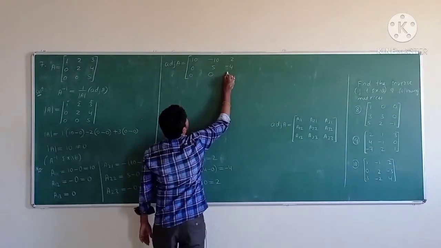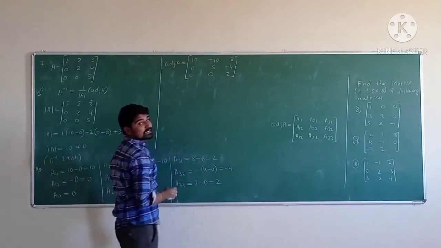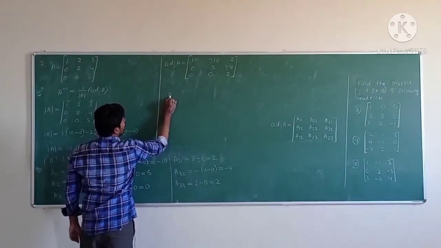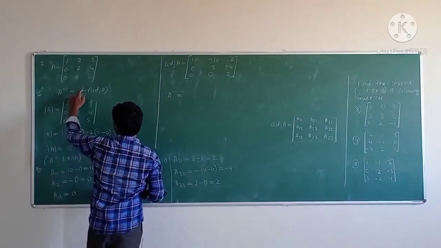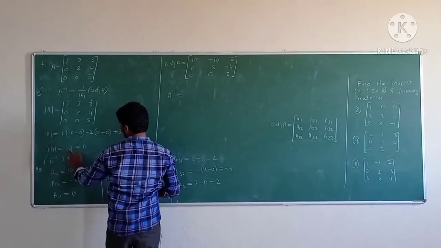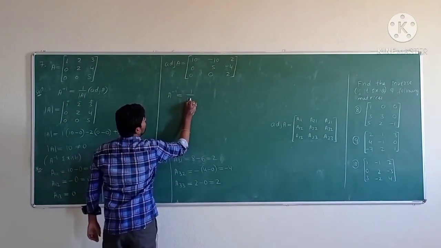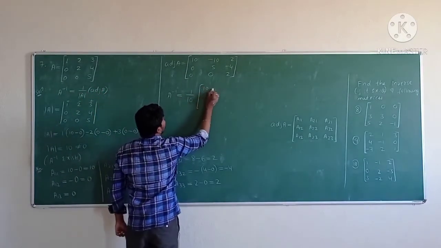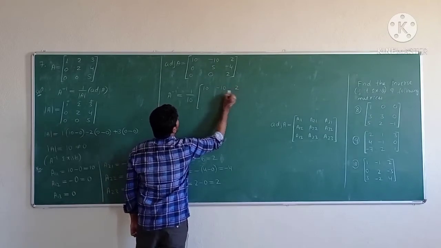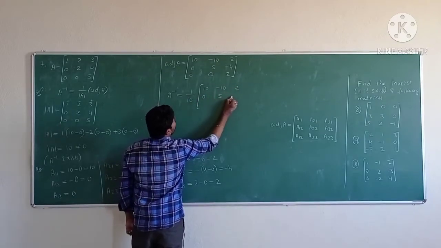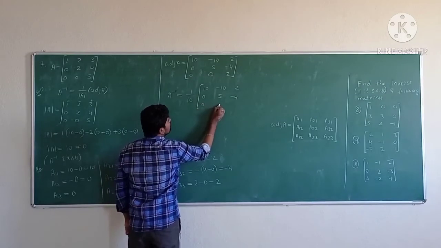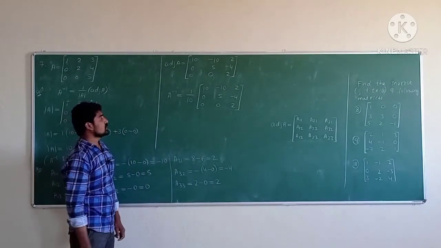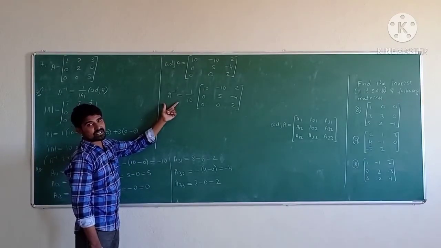Therefore the required A inverse matrix is equal to 1 divided by determinant of A, that is 1 divided by 10, into adjoint of A matrix, which is 10, minus 10, 2, 0, 5, minus 4, 0, 0, 2. I hope all of you understood. This is the required A inverse matrix.